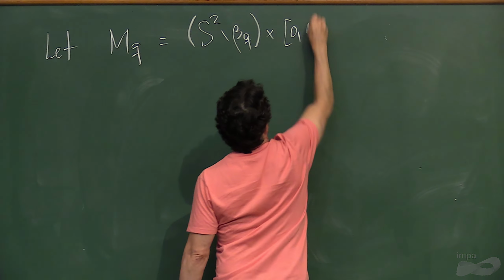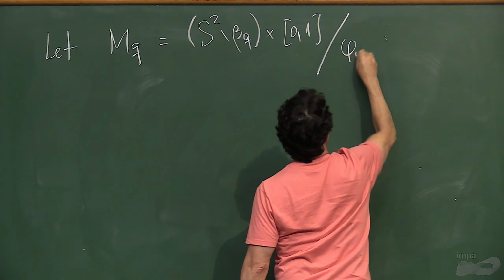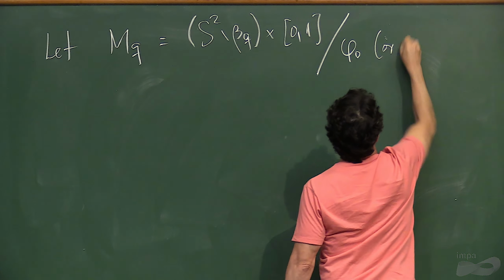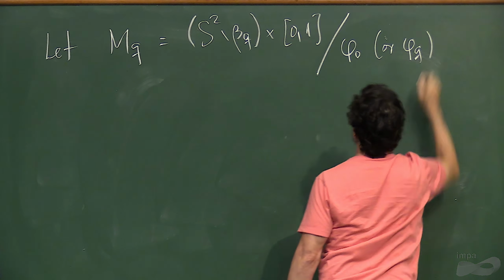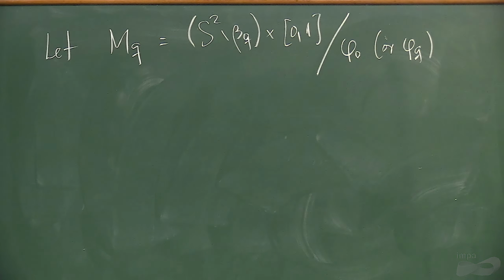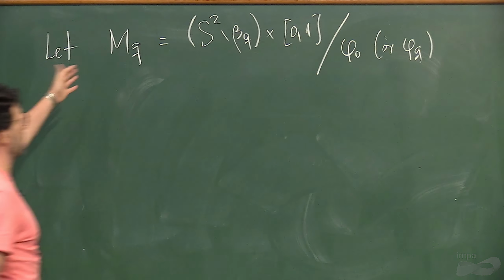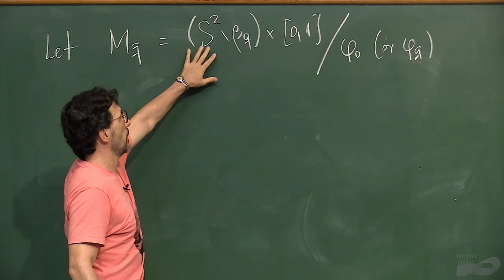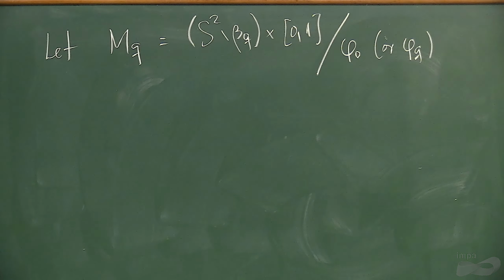Cross [0,1] divided by the horseshoe, or it doesn't matter, or phi q. Both are the same isotopy classes. So you produce the hyperbolic 3-manifold after removing the orbit beta q and taking a suspension or mapping torus.